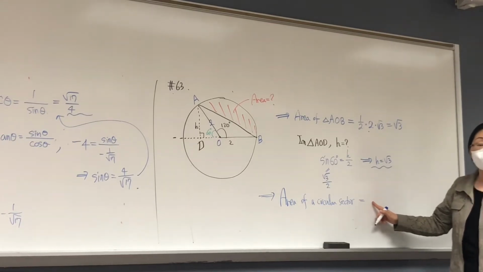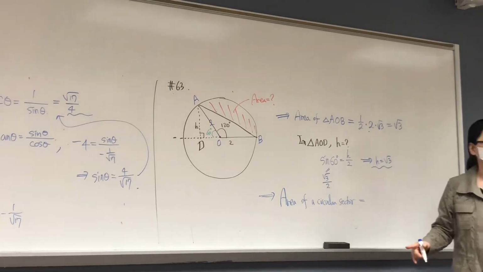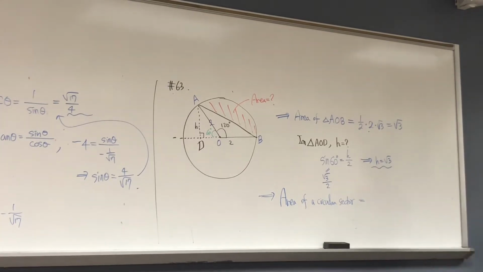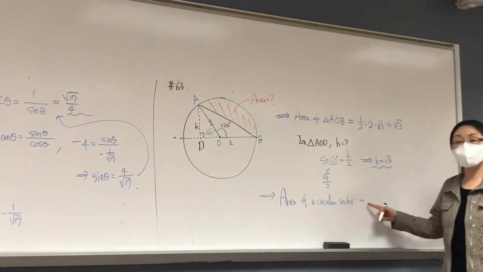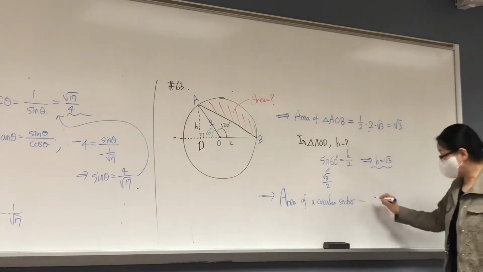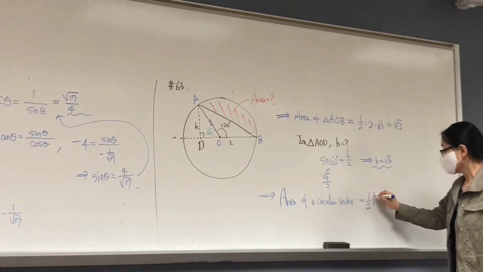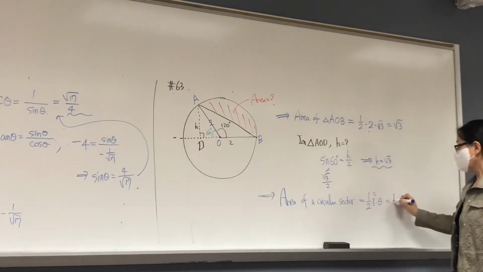That formula will be on the formula sheet, but you should select the right one. If you don't understand, you cannot select the right one. What is the formula for area of a sector? 1/2 times r squared, and the angle. Very good. So, 1/2, what is r? 2.